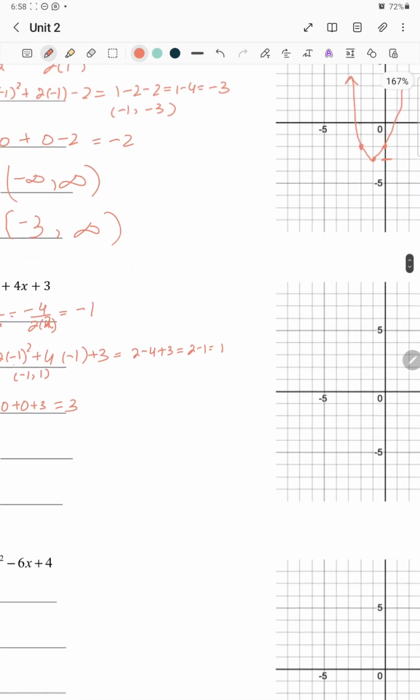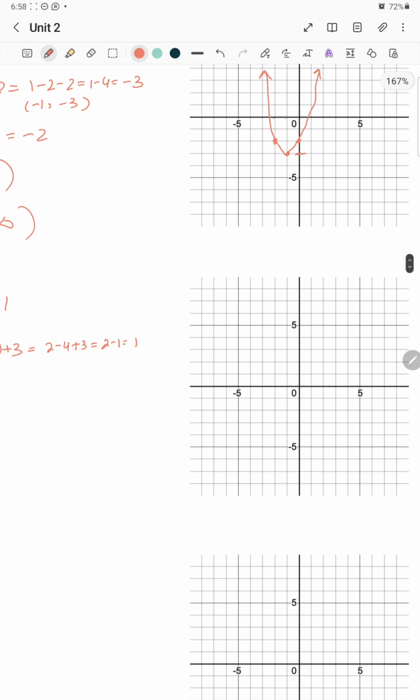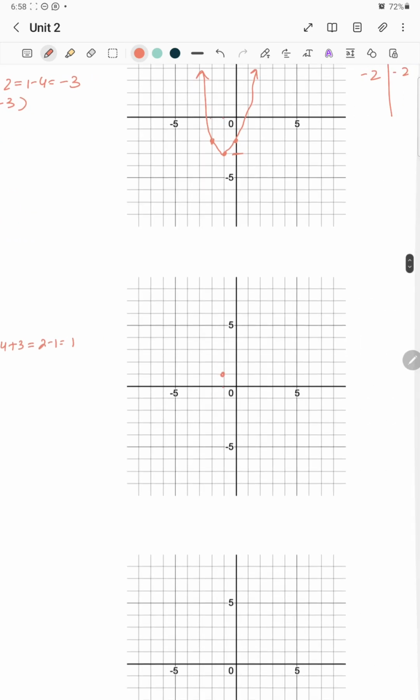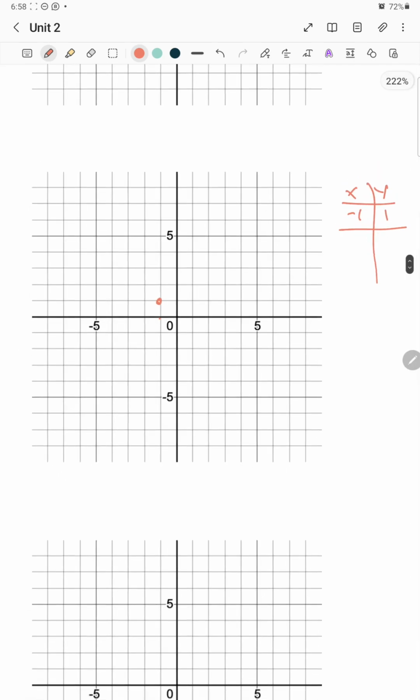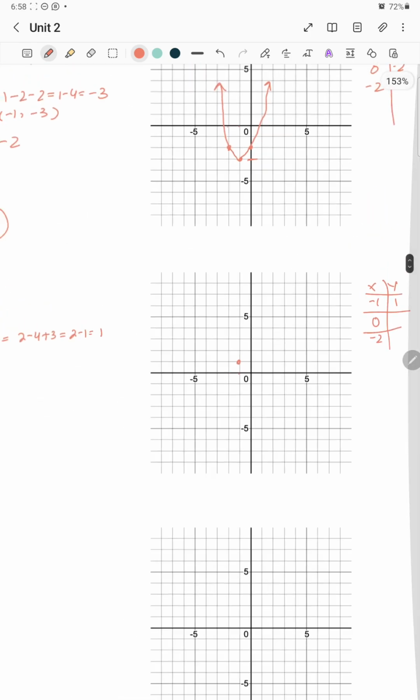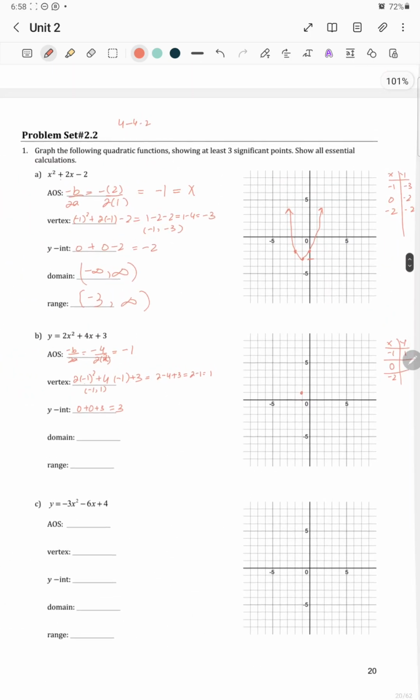Okay, so minus 1, 1 is the point. Let's go for x and y. If it's minus 1 on the x-axis, it's plus 1 on the y-axis. For 0 on the x-axis, it's going to be 3.